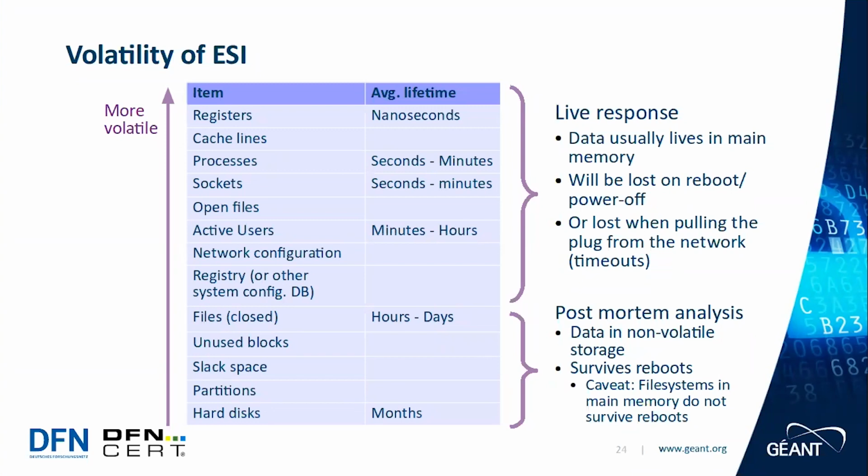The network configuration, which means not only what interfaces are up on the system and what IP addresses they have, but what's the routing information, do we have virtual interfaces like VPNs or tunnels, failover configurations, which part of the failover is active. This may all be relevant to our investigation.